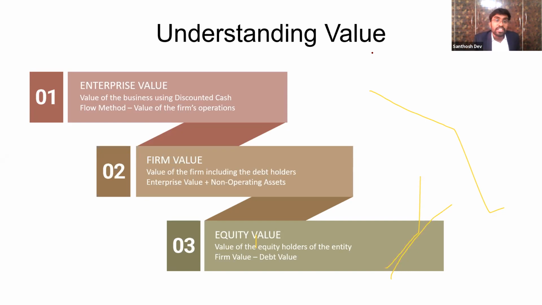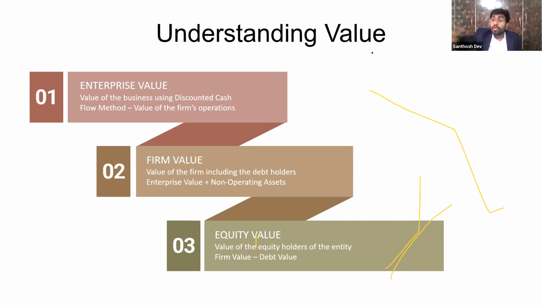Now with this enterprise value, the beauty is that the value has been arrived at by taking into account only the assets and liabilities that are used for the purpose of business, which is operating assets and operating liabilities put together. Whatever value that company is able to make, that is the enterprise value. You'll have to add all the non-operating assets.